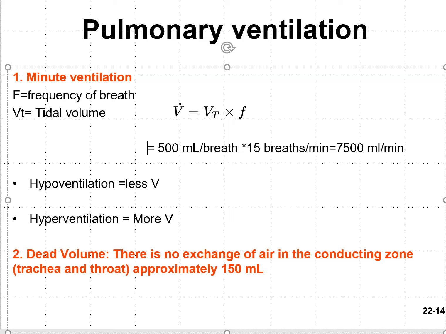This is almost all the air that can be inhaled or exhaled in 1 minute. Now, if there's anything less than that, it's called hypoventilation, when a person has shallow breathing. Hyperventilation is when a person breathes really, really fast and hard. So they breathe too much.